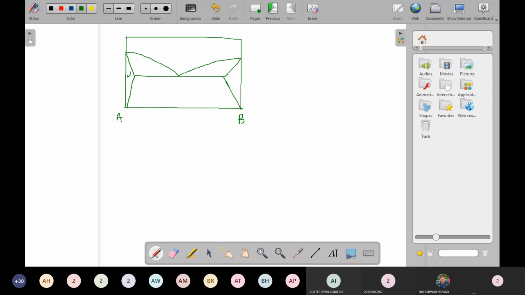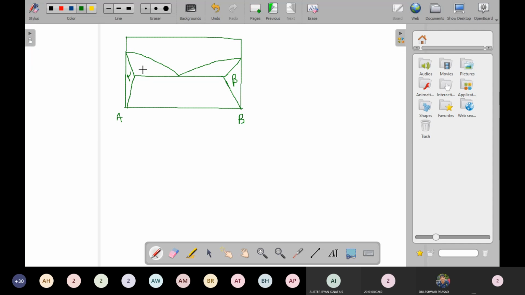This is our alpha, this is our beta. Alpha is the solid solution of B in A, beta is the solid solution of A in B. When you call it a solid solution of B in A, it means a small amount of B is present in A, then we call it alpha. If a small amount of A is present in B, then we call it a beta solid solution.